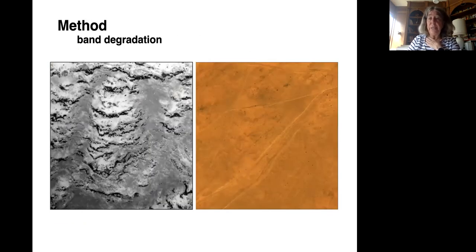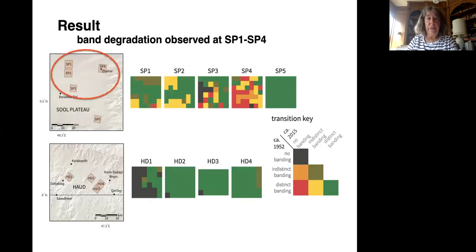And then the other thing he was looking at was, how robust are the bands? Is there any change in the bands? So here's an example where the bands completely disappeared. You can see some faint ghost of the bands in that image on the right, and you can see the tracks through the landscape. Basically, the regions where he saw the band degradation were exactly in the same 4 locations.